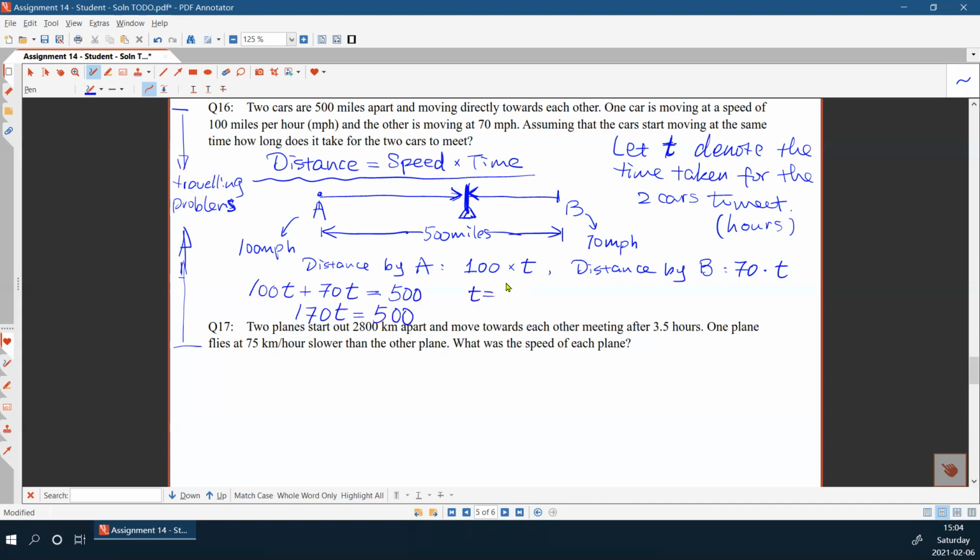And this actually gives you t is 500 over 170, which is 50 over 7, which is approximately 2.94 hours, right?